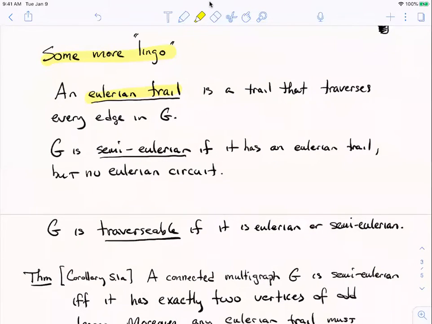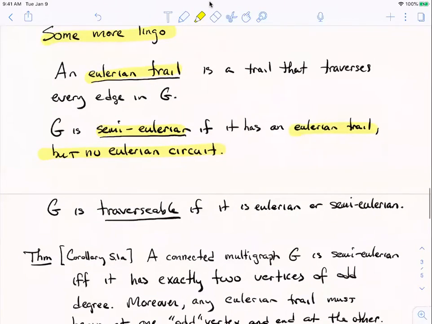So it's not a circuit, but it's a trail. People call multigraphs semi-Eulerian if they have one of these Eulerian trails but don't have an Eulerian circuit. I won't call you semi-Eulerian if you actually had an Eulerian circuit; then I'd call you Eulerian. So you're semi-Eulerian if you have one of these trails, but not one of the circuits.